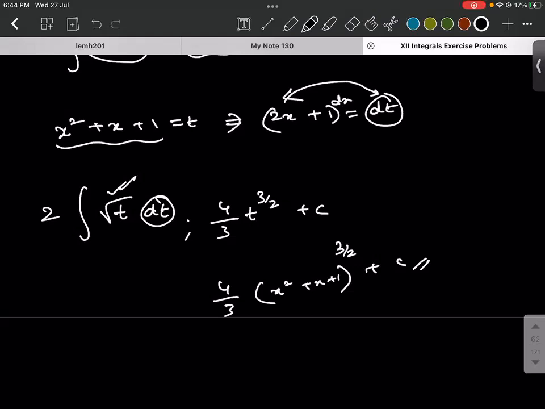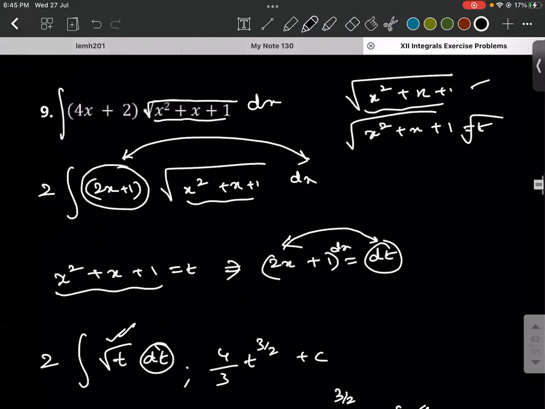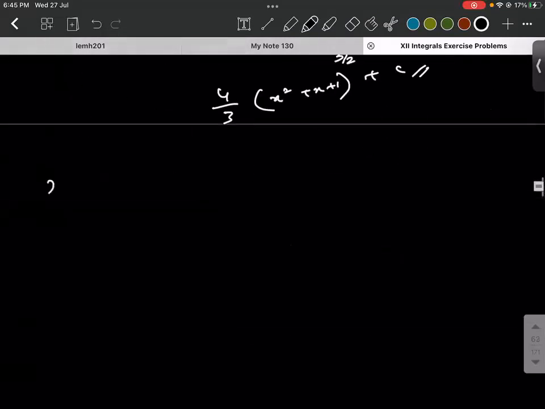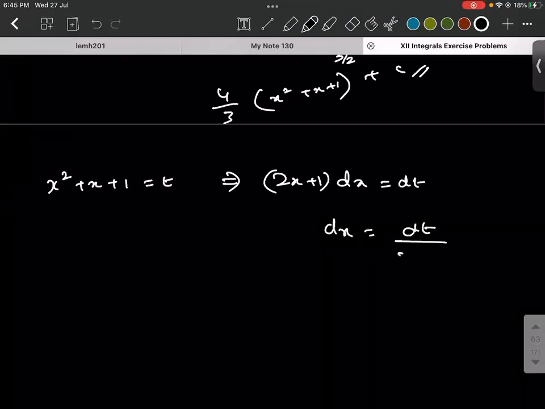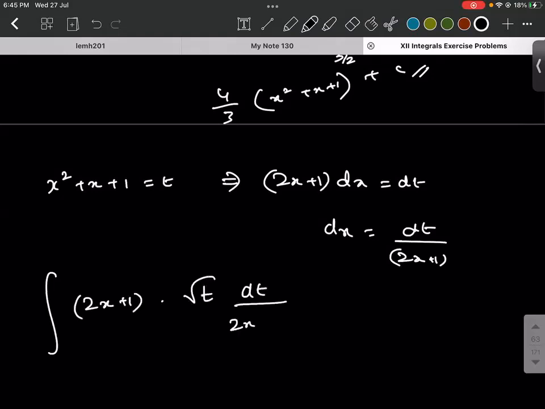No, it is same. What you did is, see, you took this. I understand what you're asking. So you took this as t. From here you get 2x plus 1 into dx is equal to dt. And you want to take dx is equal to dt by 2x plus 1. It's the same thing, no? So the question is integral of 2x plus 1 into... it's the same thing, no?